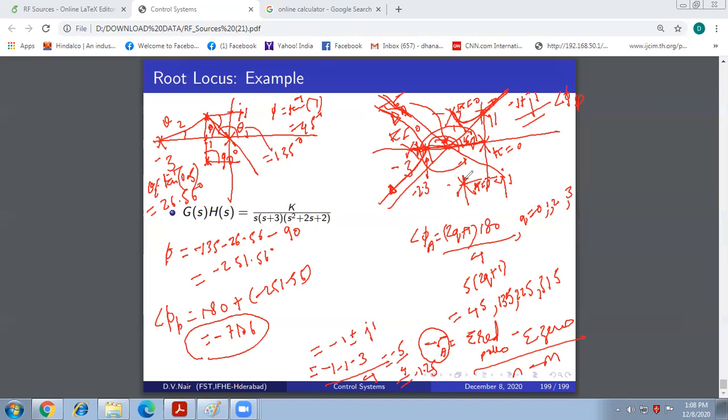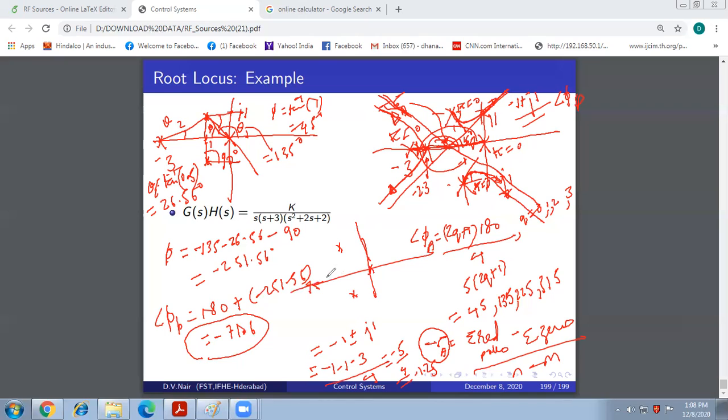Plus 71 will be somewhere here. This is plus 71 degrees, so it will move like this branch, and it will then bend and follow the second asymptote, moving parallel to it. To show you a clean root locus here, you have one pole here, one pole here, one pole here, and one pole here.